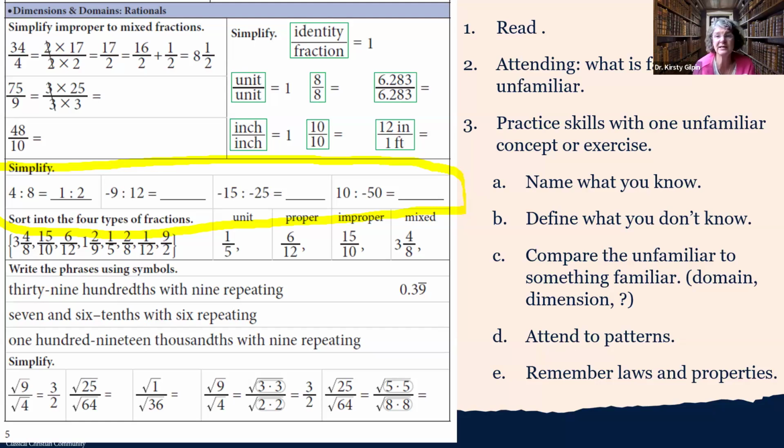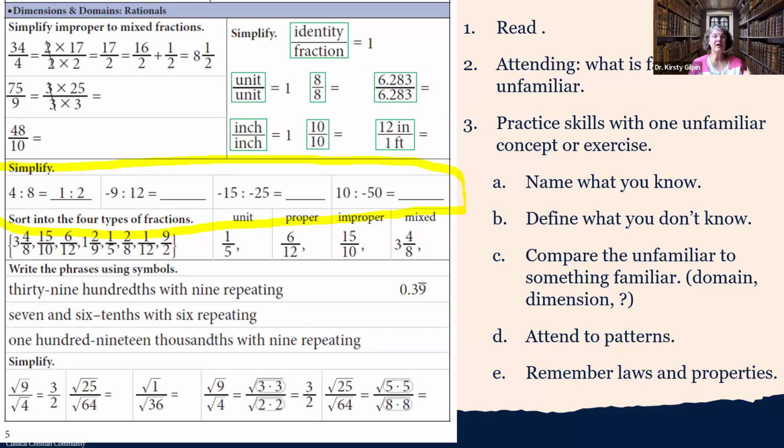But we can use that language from analogies as a way to compare the unfamiliar to something familiar, right? And so that's what the next thing is. Once we have defined what we don't know, what are the things we need to define? What can we compare this to? And we're all going, well, we can compare this to analogies, right?